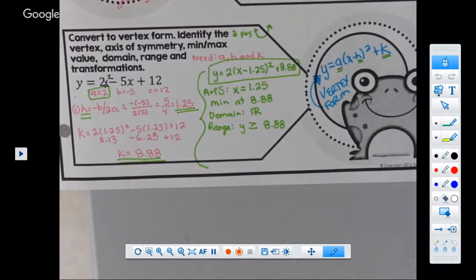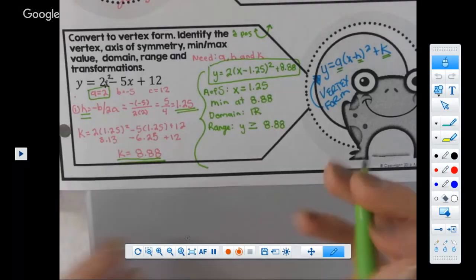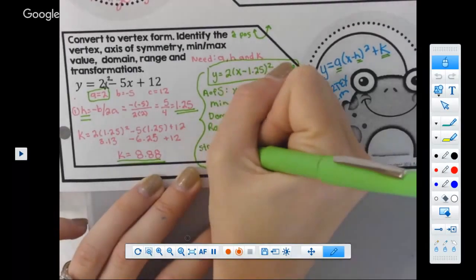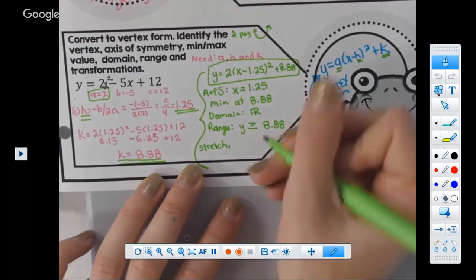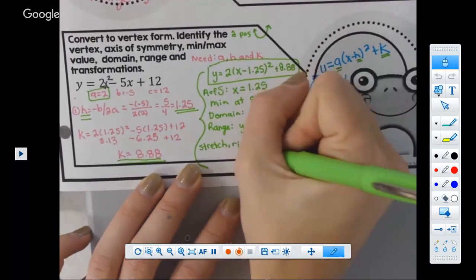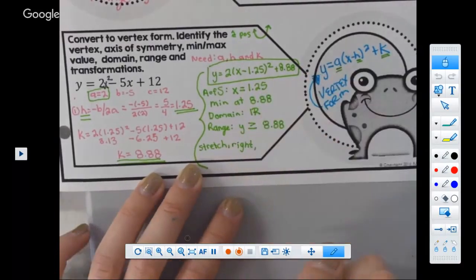Okay, axis of symmetry goes with H. The last thing, let's put in words. The 2, is it going to stretch or compress? Stretch, because it's a full number, bigger than 1. So we're going to add 3 more words. Stretch. Minus on the inside is going to move this to the right.